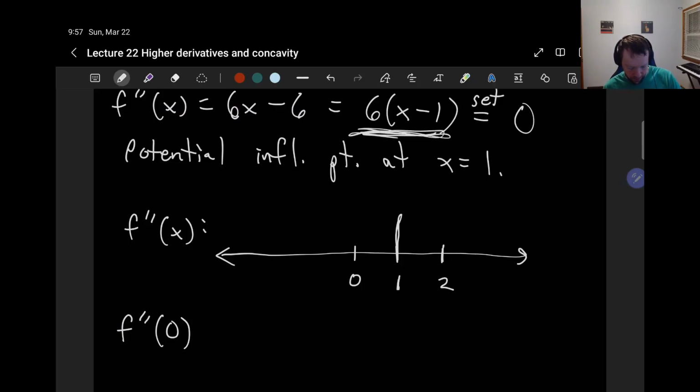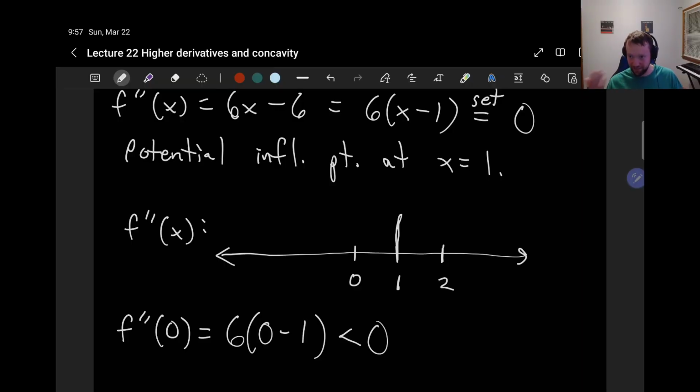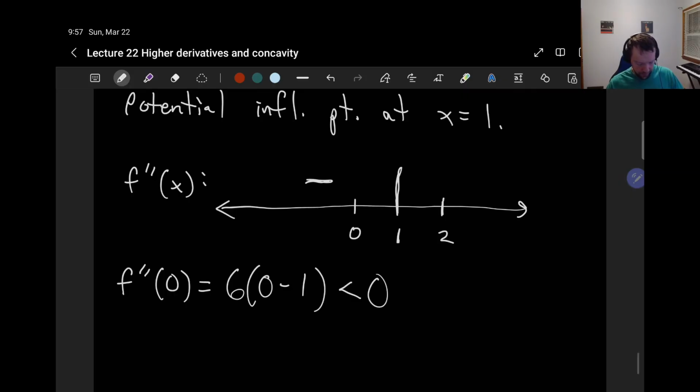So here, that's the second derivative. So 6 times 0 minus 1 is negative 6. The most important thing is that that's negative. So this means that this entire interval will be concave down in our function f. Now we only have an inflection point here if it changes, if we're positive on the other side.